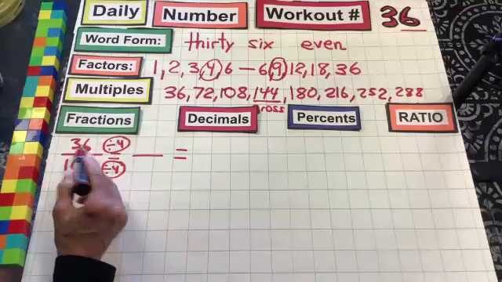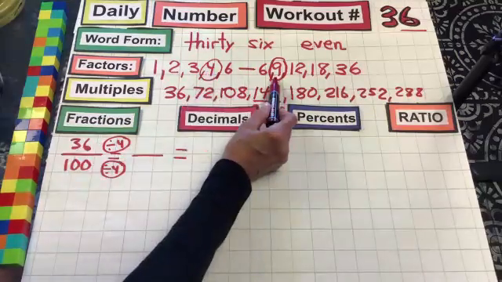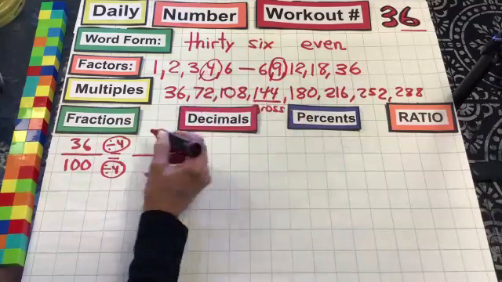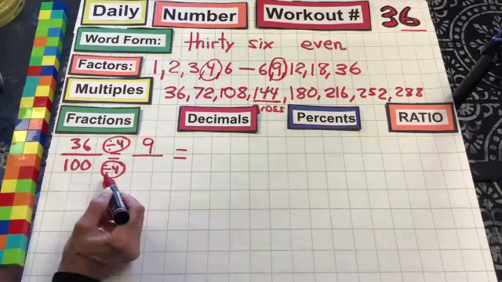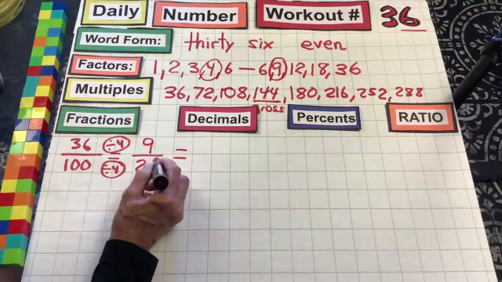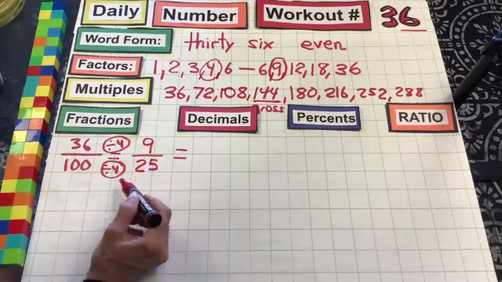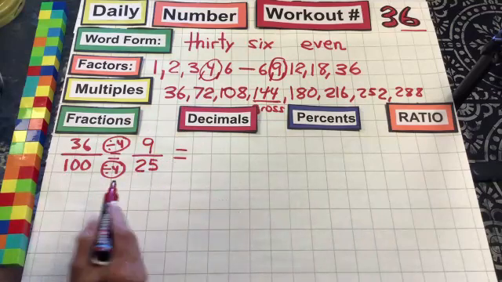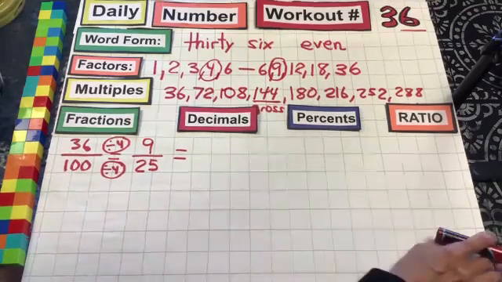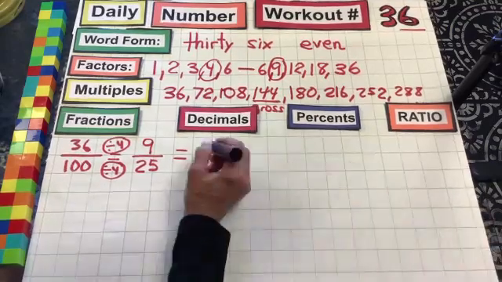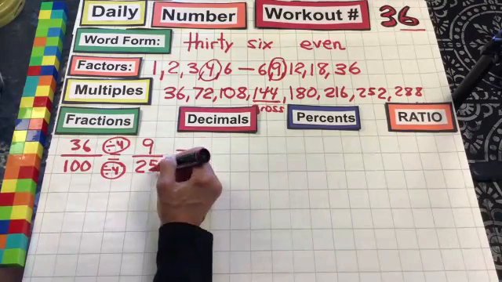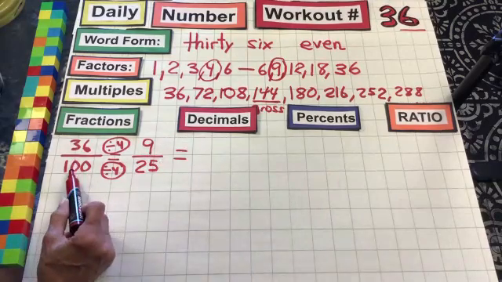So 4 goes into 36, according to us, 9 times, because 4 times 9 is 36. So this would be a 9. 4 goes into 100, 25 times, because 4 quarters make $1. And that's what we're looking at here. We're going to relate that, see the pattern. And so 9/25 is the same as 36/100.